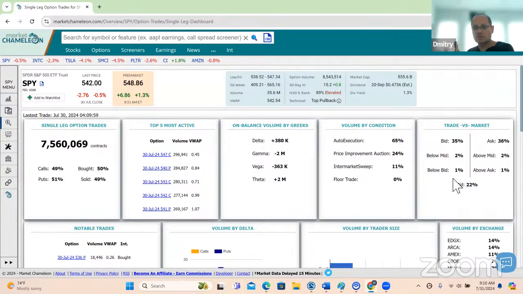Maybe people think they're too low, too cheap, or there's just a demand to buy them for some reason, like an event coming up, or the order flow could be overwhelmingly selling them on the other side. So one of the things we look at is whether it is fairly balanced. Does it look like it's more coming from the buy side or the sell side?